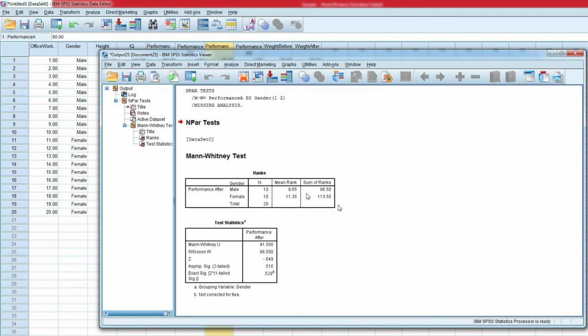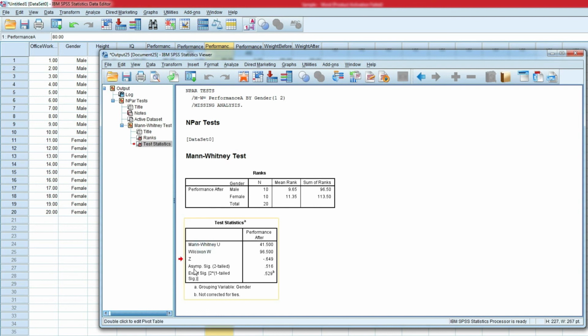Okay, so we have here the Mann Whitney test showing that we have 10 males, we have 10 females, then we have 20 total respondents. Then the mean rank of the male and the mean rank of the female. Now we go here to the Mann Whitney U test.